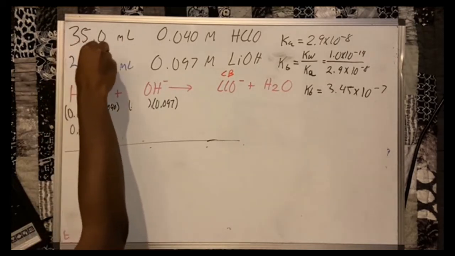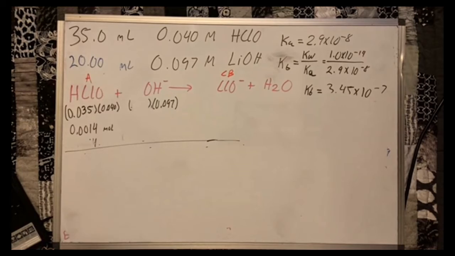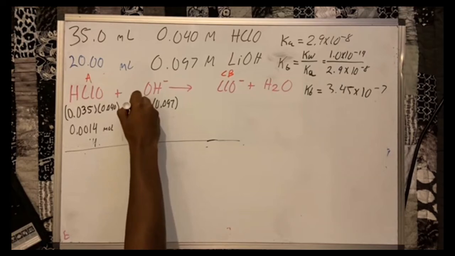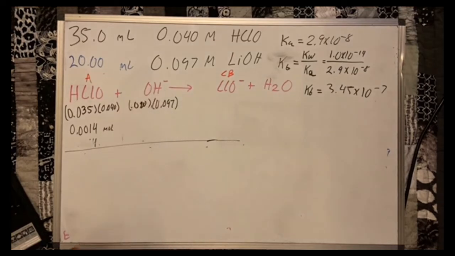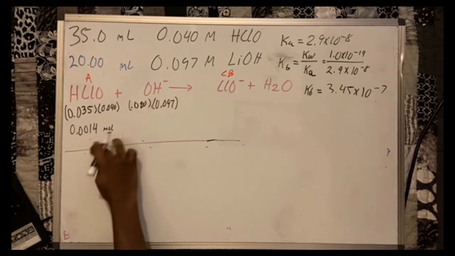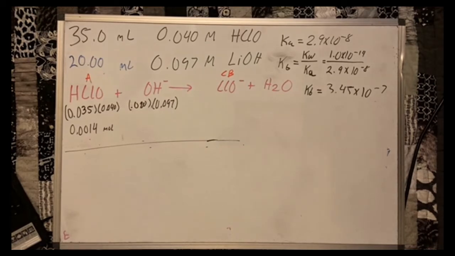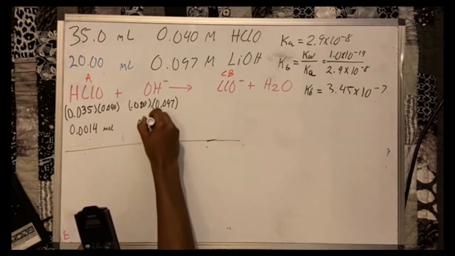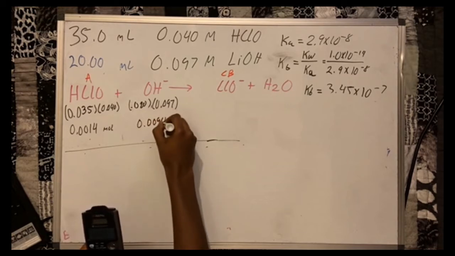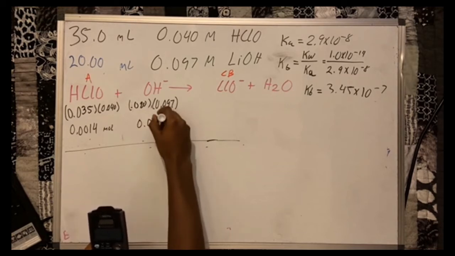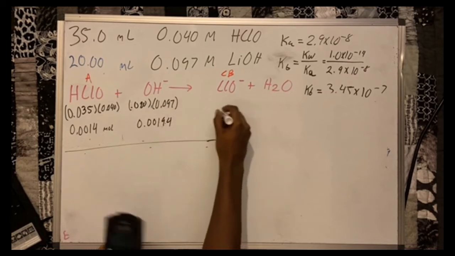20.00 milliliters. Ooh, excuse me. So I get right here, same thing, 0.020. The 0.020, and then multiply that by that. Numbers, please. It is 0.0094194. Okay, it's still 0 right there.